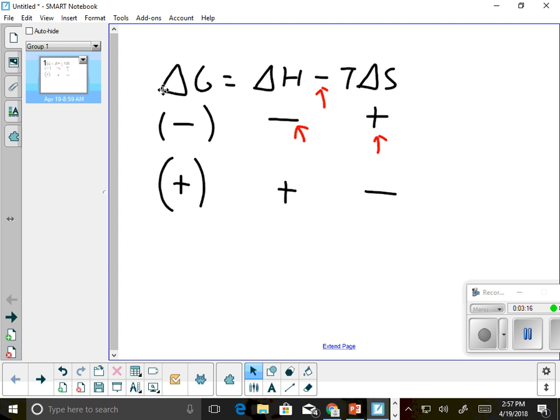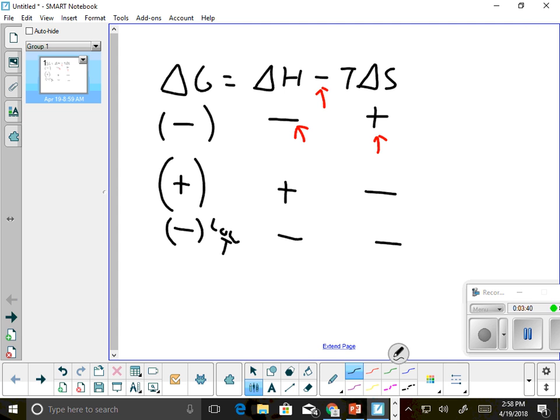The only other two possibilities would be, what if I was exothermic with less disorder? Let's think about that mathematically. If I'm exothermic with less disorder, I have a negative minus a negative. To keep that negative, this is only spontaneous at low temperatures.